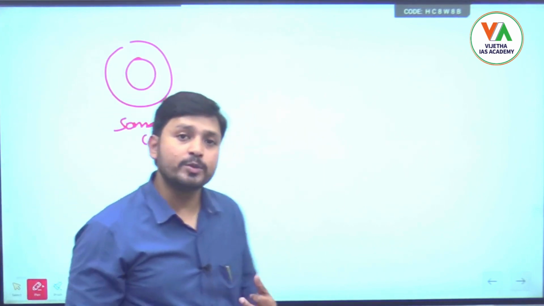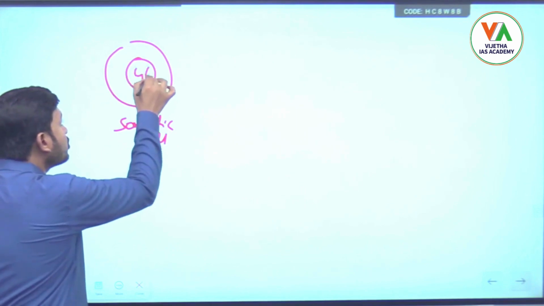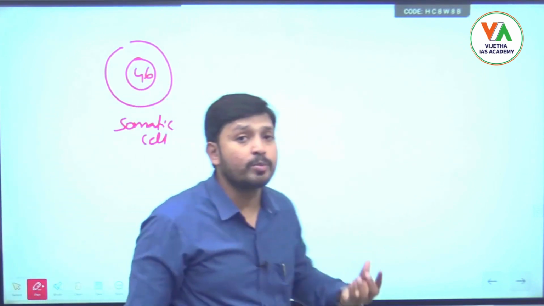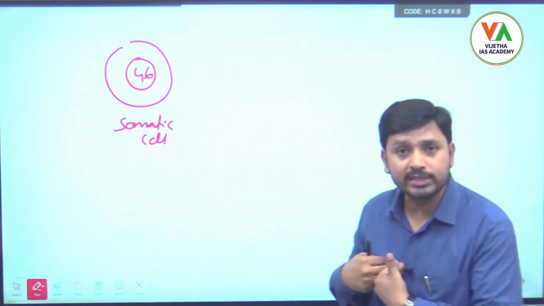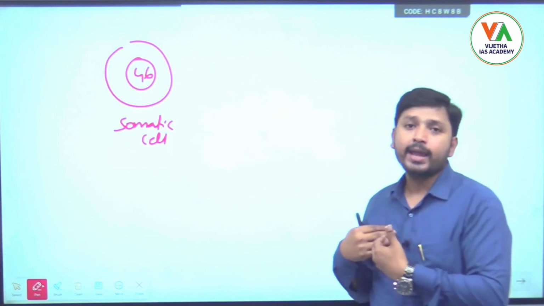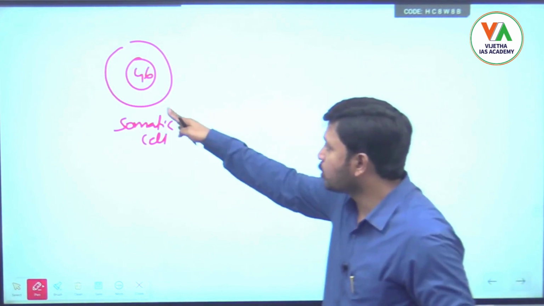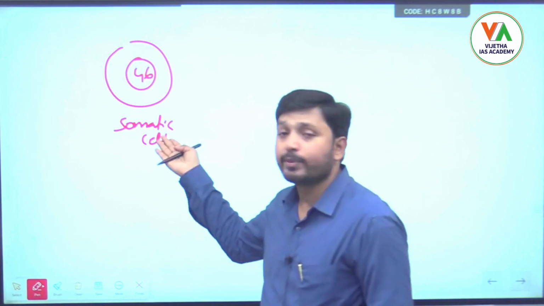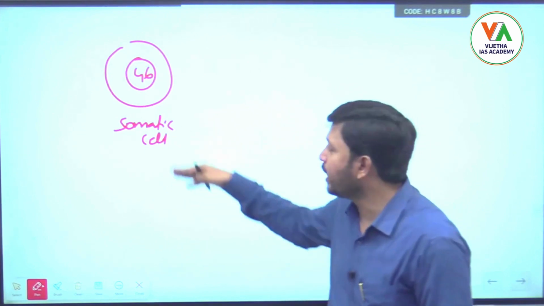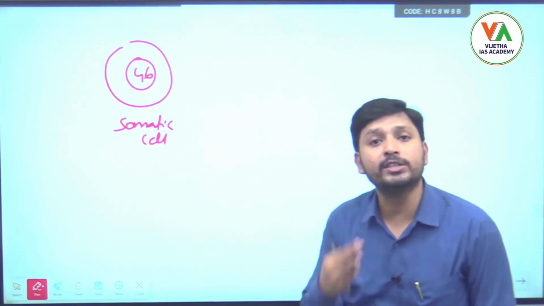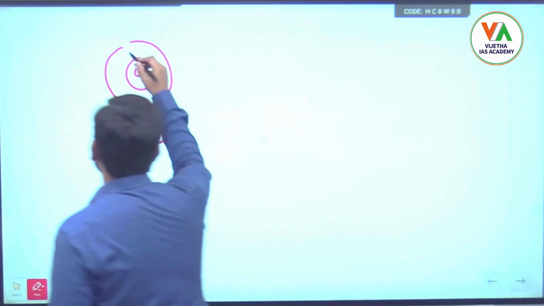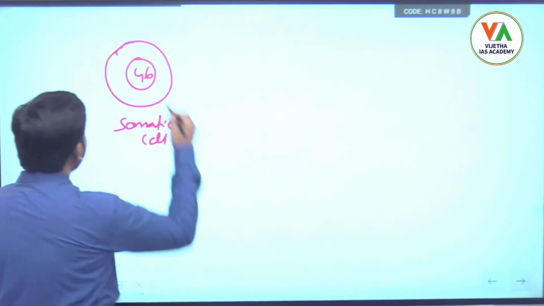How many chromosomes will be there? 46 chromosomes. These 46 chromosomes belong to me only, right? So the somatic cell, the skin cell which I have taken from my own body, consists of 46 chromosomes.